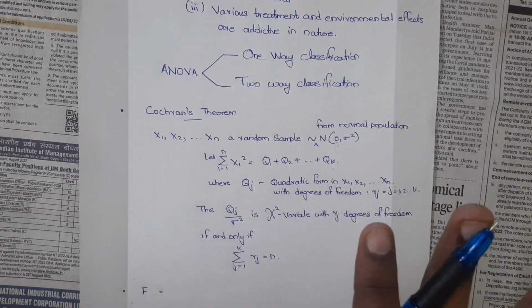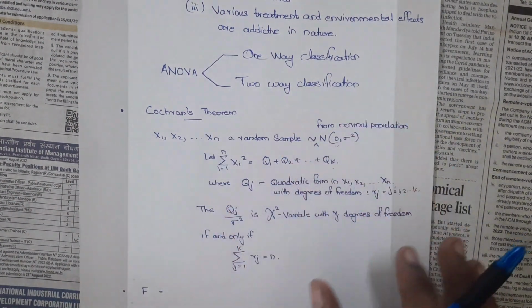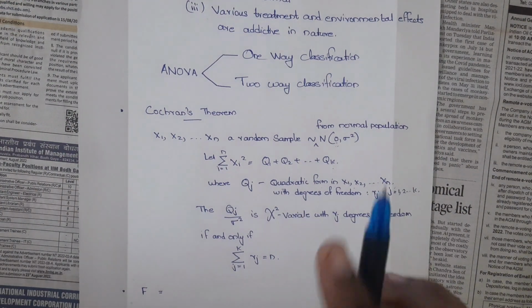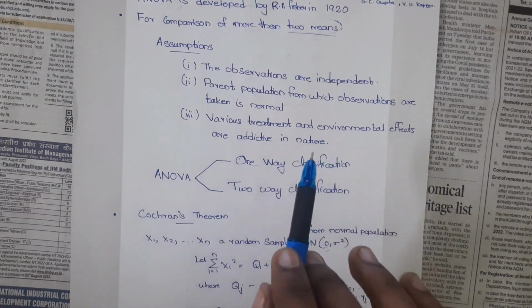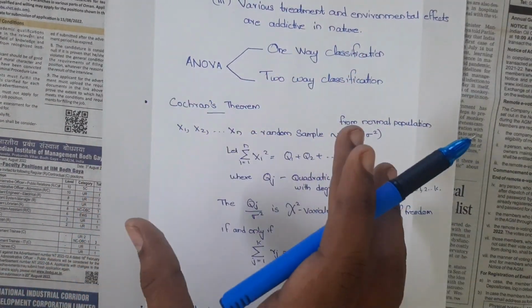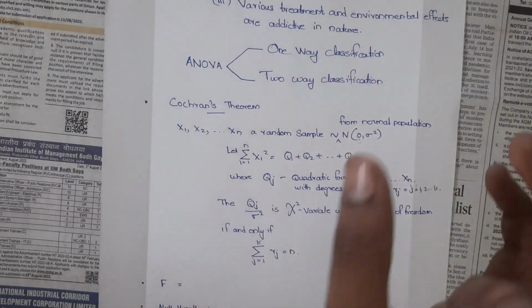We won't go deep into it, there are some terms like chi-square variable. Just understand that here we are saying various treatment and environmental effects are additive in nature. For example, the total variance is classified into two or more variances.